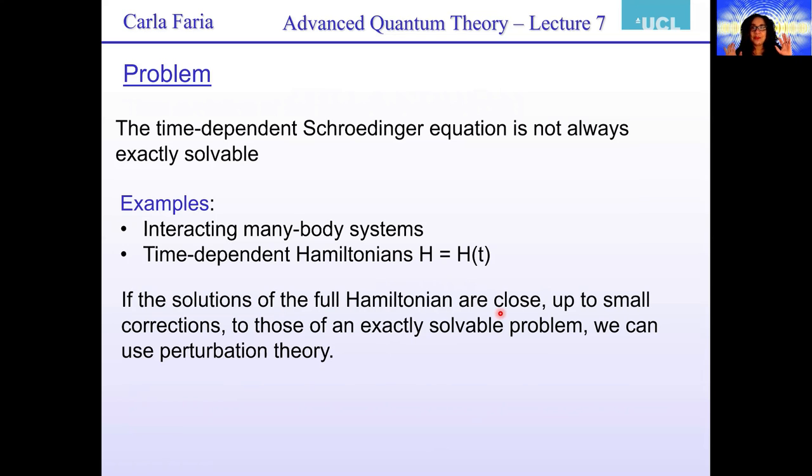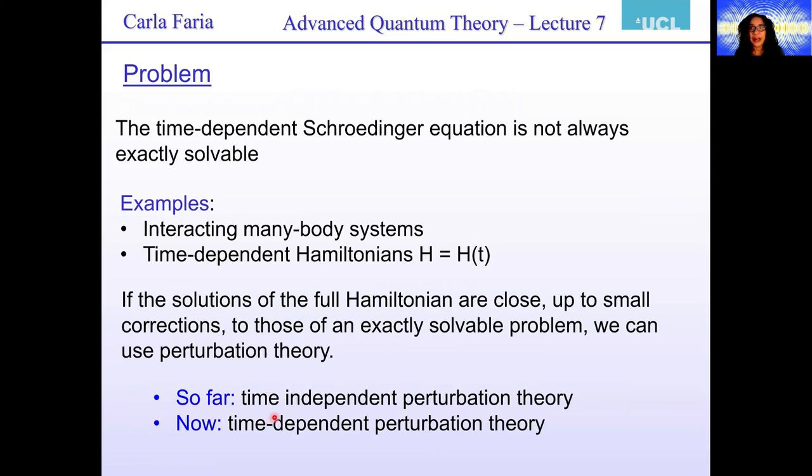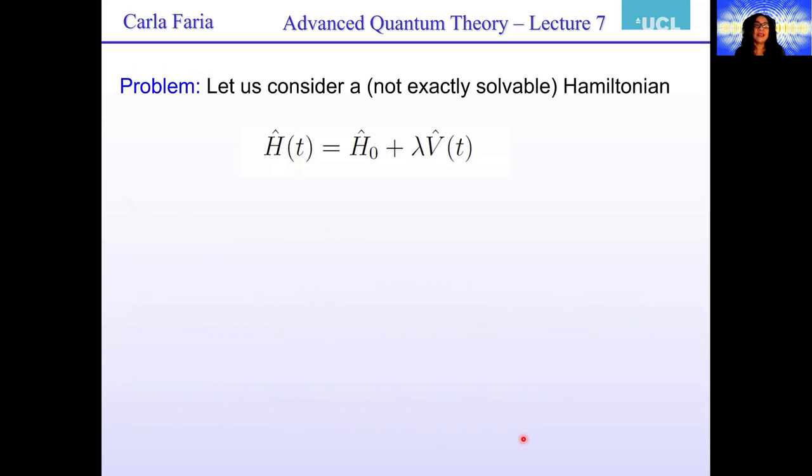Say, if there's a Hamiltonian H_0 whose behavior you can describe exactly, and this full Hamiltonian is going to add corrections to that, then you'll be able to use perturbation theory. And so far, in your undergraduate course, you have only seen time-independent perturbation theory. And what we're going to see now is related to time-dependent perturbation theory.